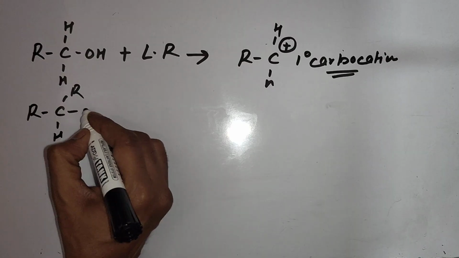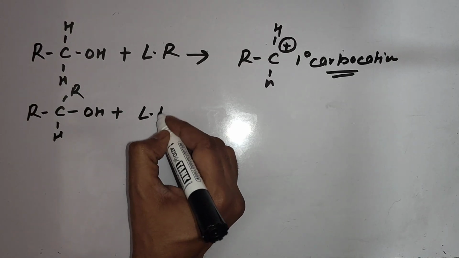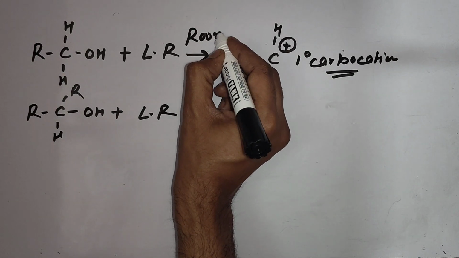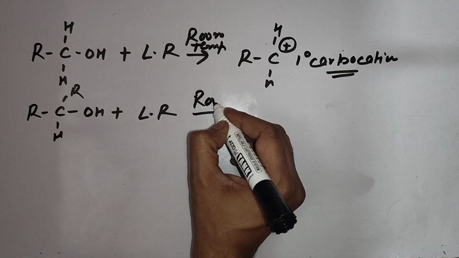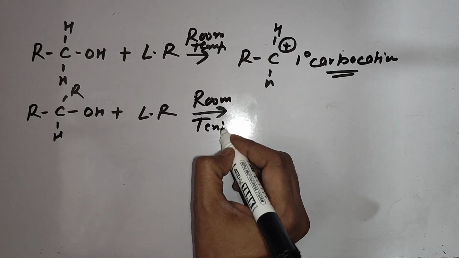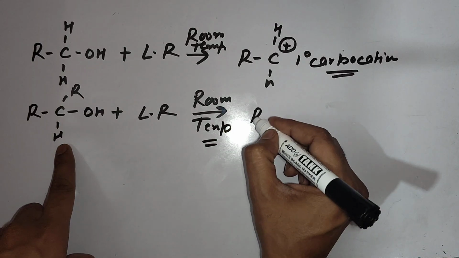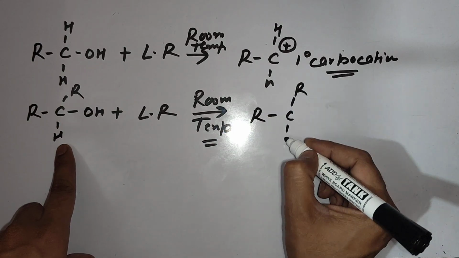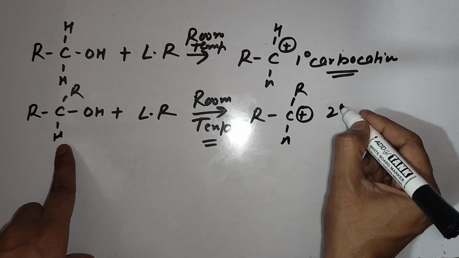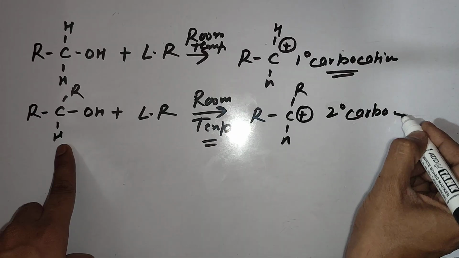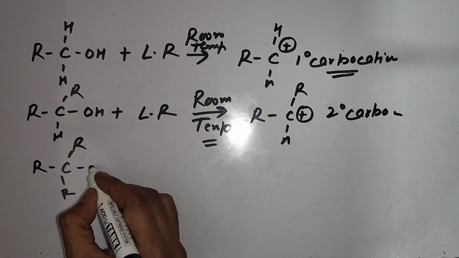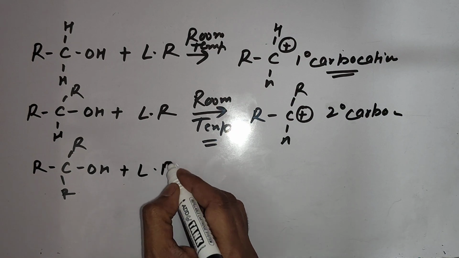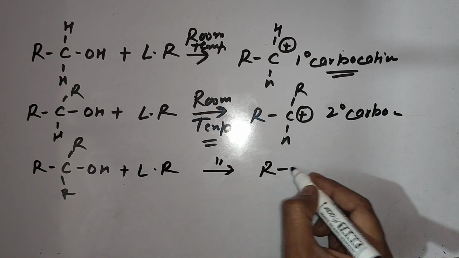If I am using 2 degree alcohol with Lucas reagent, note down room temperature must be at 25 degrees Celsius. 2 degree carbocation will generate in this case. And if 3 degree alcohol is used, so 3 degree carbocation will generate.